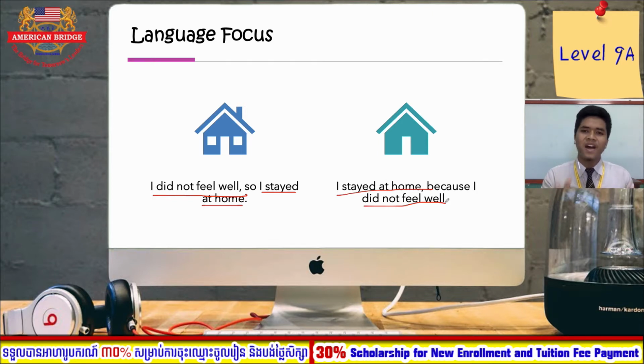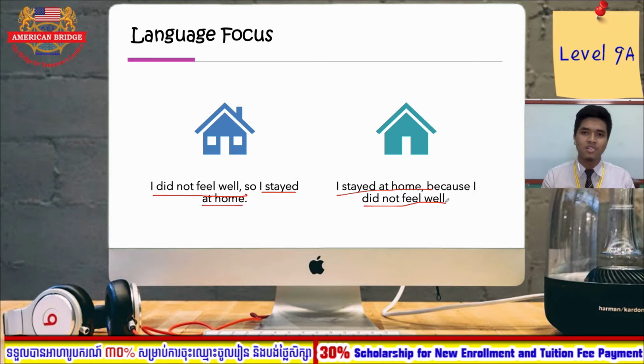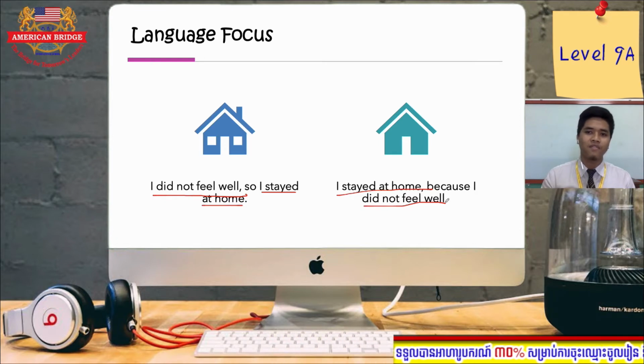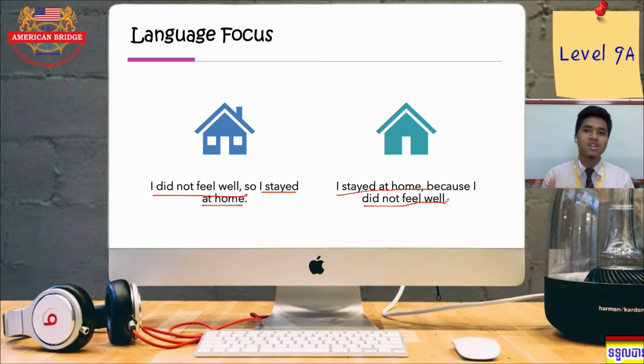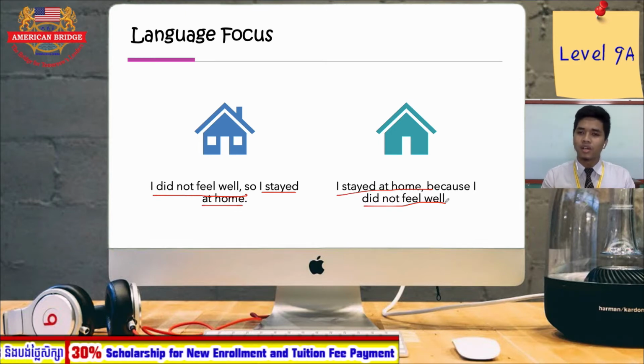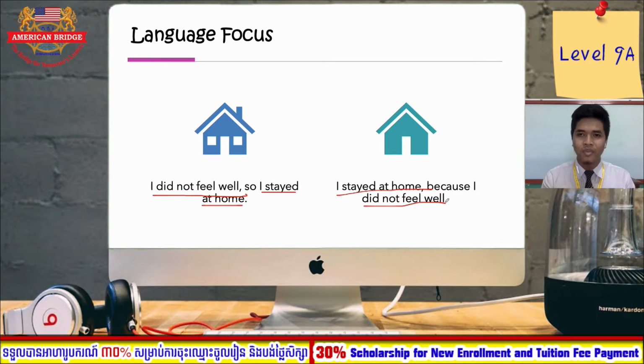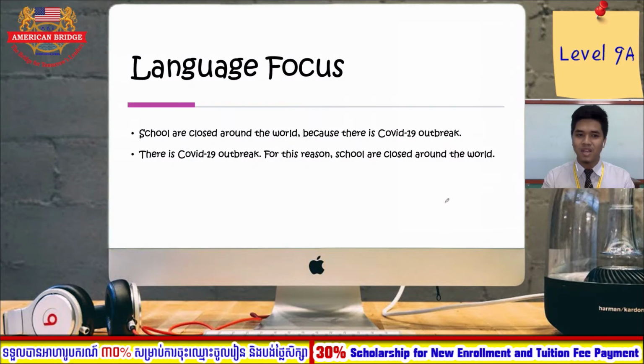It doesn't mean that the cause sentence should always come first or always come at the end, but they can swap positions. The problem is the linking word. What type of word can you use to link the cause and effects together? Those vocabulary you will learn in this video today.